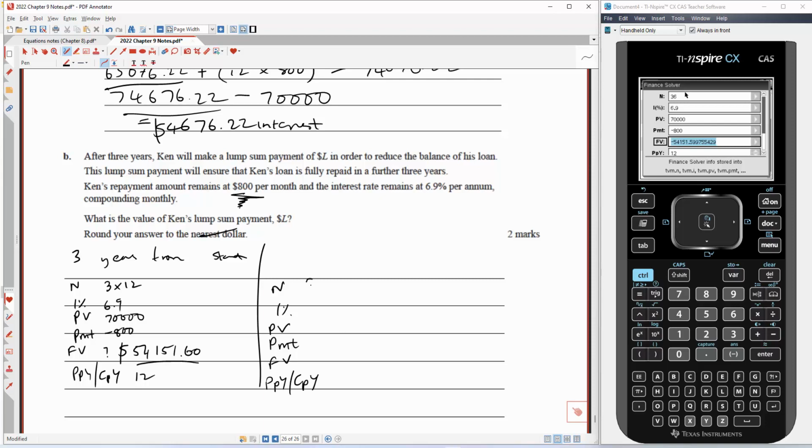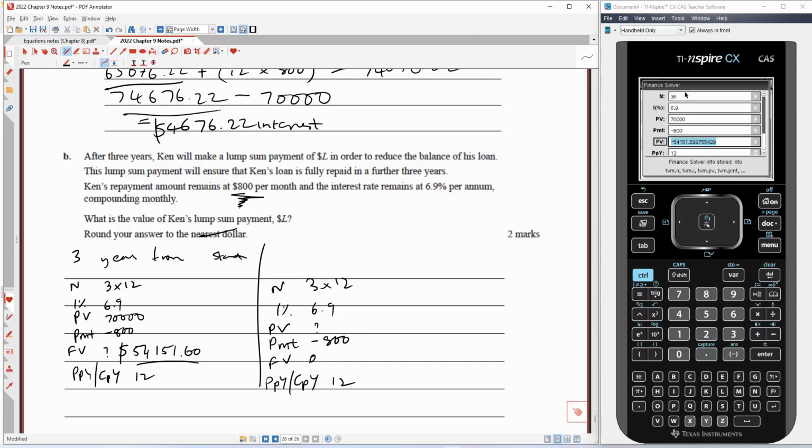All right, here's what we're going to do. So it's the last 3 years, so 3 lots of 12 payments, 6.9. Now, here's the slippery thing that we're going to do. We're going to set the future value to 0, which means that we pay down the loan. We're going to set the payment at 800 a month. And we're going to do this 12 times a year. And what we're going to do is work out the present value.